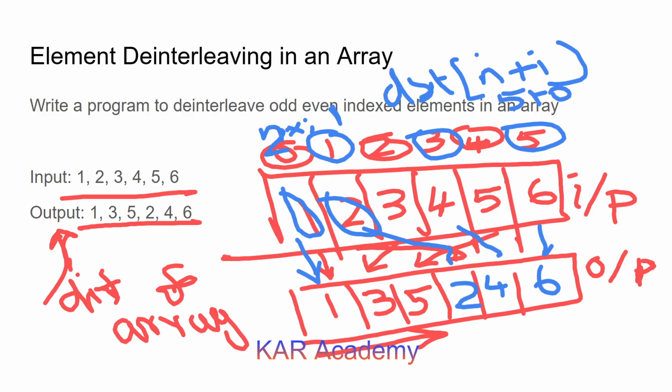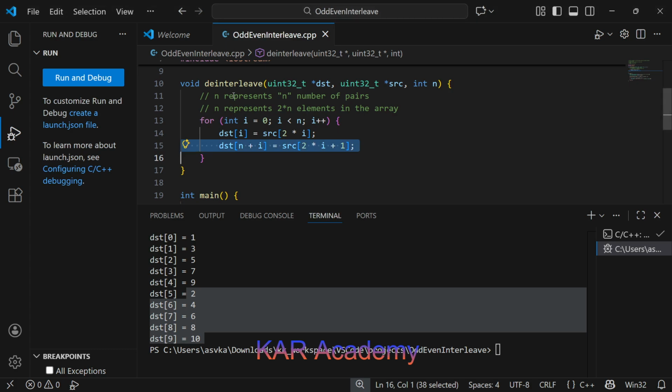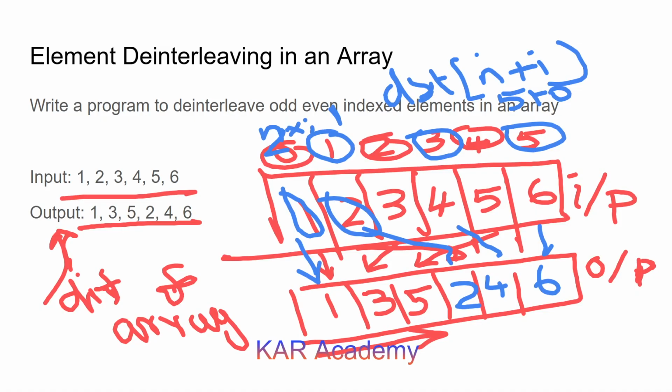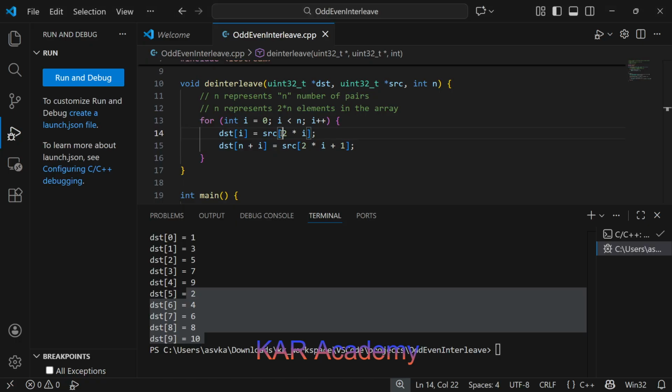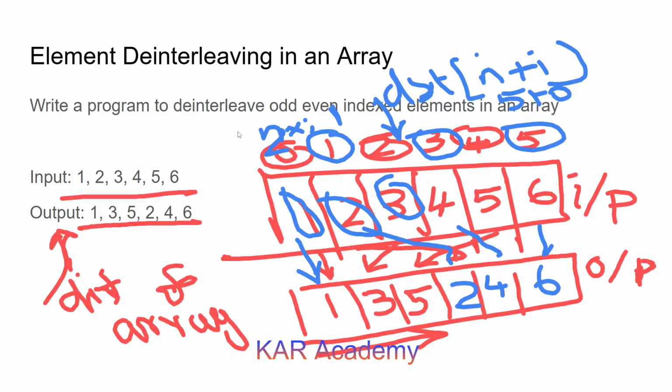Next, I gets incremented, so I will be 1. Now we are reading from 2 times 1, which is source of 2, index 2. Index 2 is this, that gets copied to dst of I. I is 1, so dst of 1.